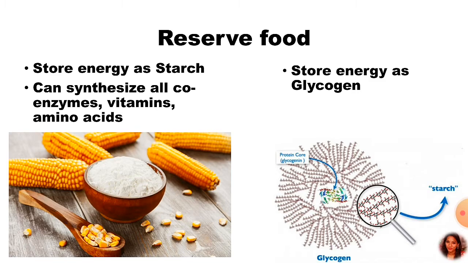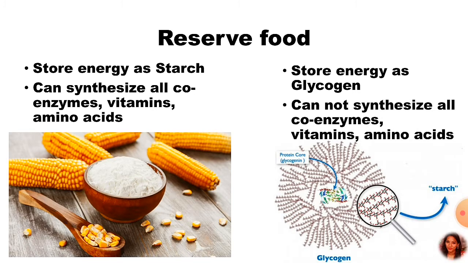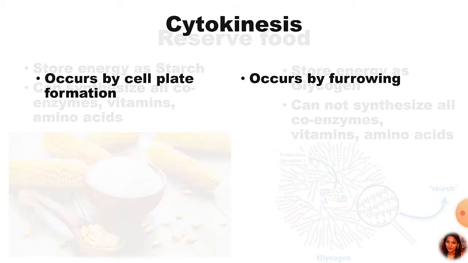And what is glycogen? It is a more complex molecule than starch, but animals cannot synthesize all coenzymes, vitamins and amino acids. So this is also a major difference between a plant cell and an animal cell.